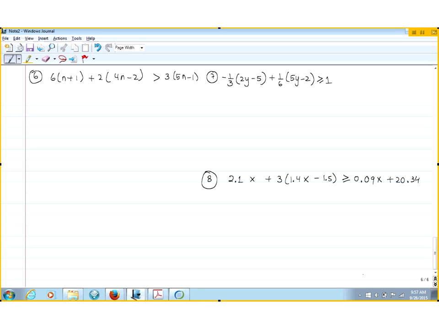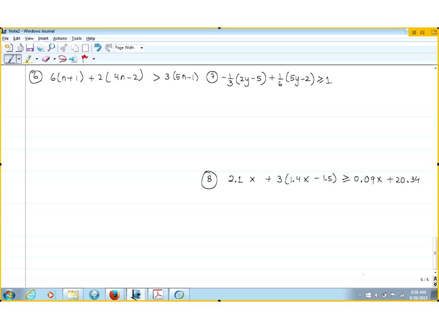What was the answer for number 6? N is what? Less than or greater than? Greater than 5? Or less than 5? Let's see. It's greater than, right?